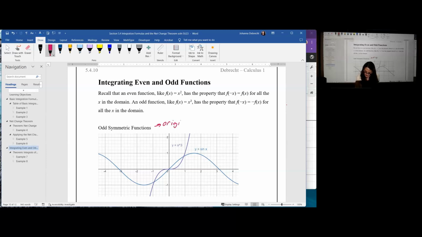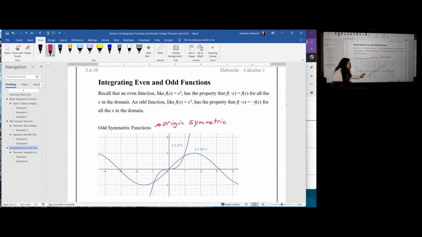This is because if you replace the x with negative x, you do not get the original function back. Instead, you get the opposite. You take a negative x and cube it, you get negative x cubed. And the sine of negative x is negative sine of x.